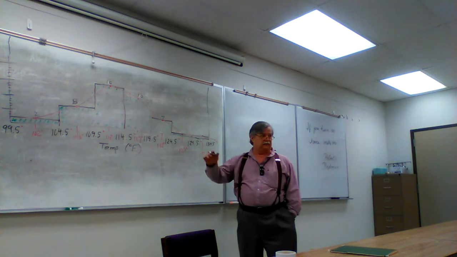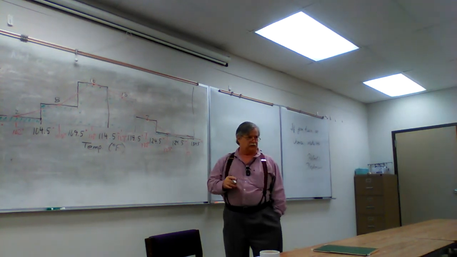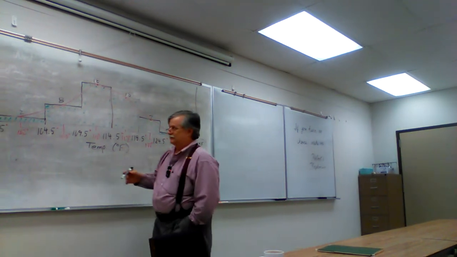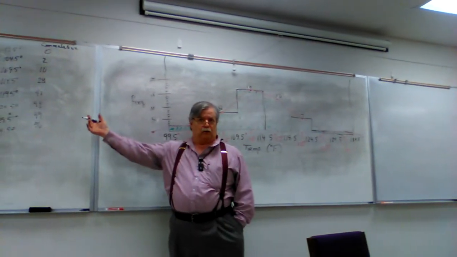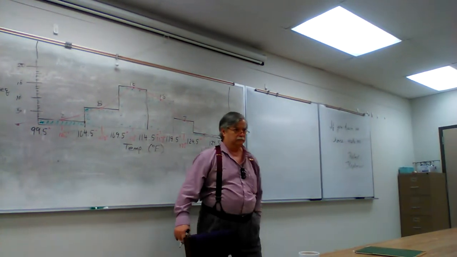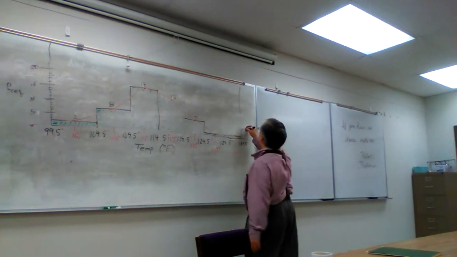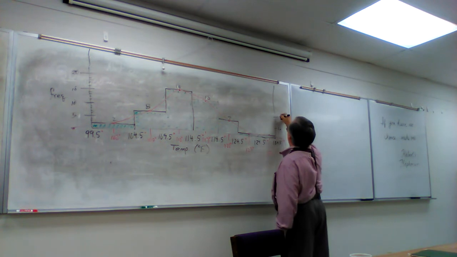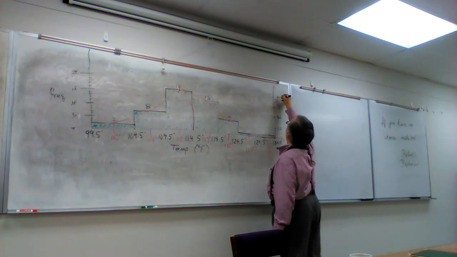They're particularly useful when you're plotting actual data on one side, but on the other side you're plotting percentages or something. So here we're going to go 10, 20, 30, 40, and 50.